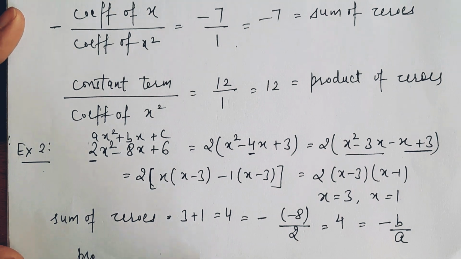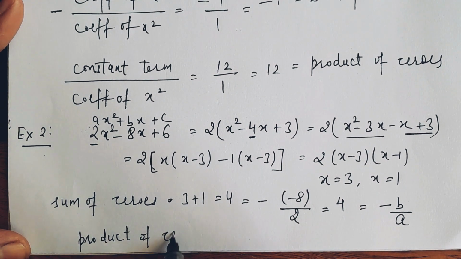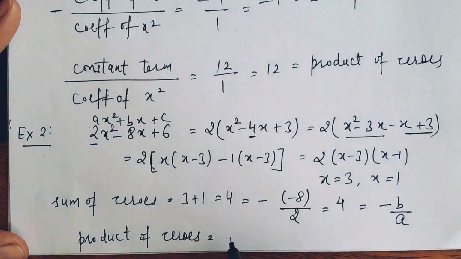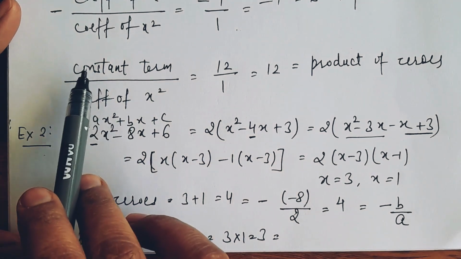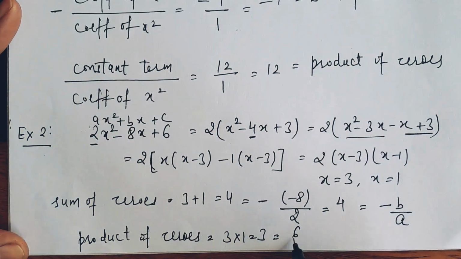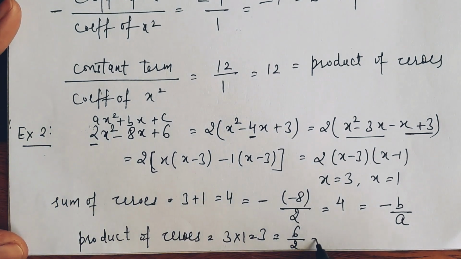Similarly, if we talk about the product of zeros. In this case, the product is 3 into 1, that is 3. And according to the rule, we check constant term by coefficient of x square. Constant term is 6 here and coefficient of x square is 2 here. So we get 3.